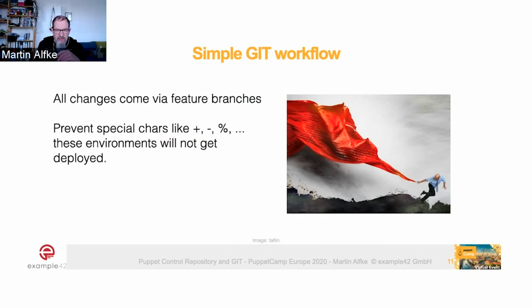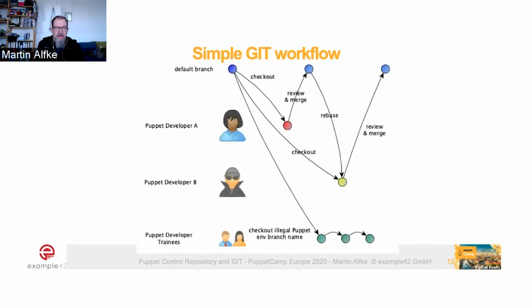Where are these branches then useful? Let's do the whole thing in a little graphic and explain how things are working. So you're having left top your default branch, which might be production. Then you have two developers who work at the same time, not together, but at the same time at two different features.